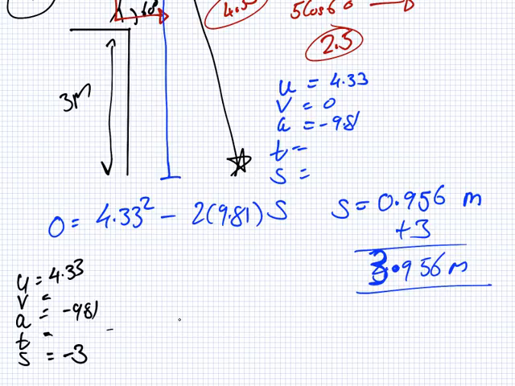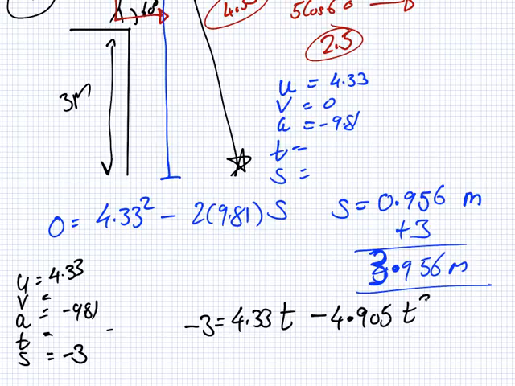S equals U T plus a half a t squared. 4.905 t squared minus 4.33 t minus 3.